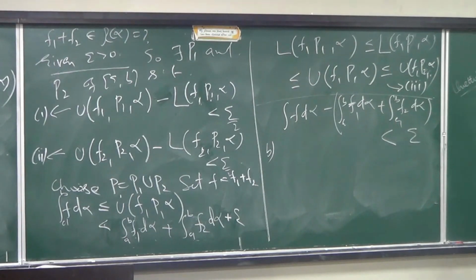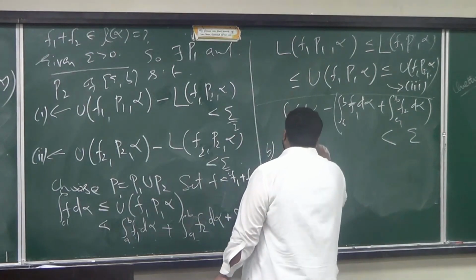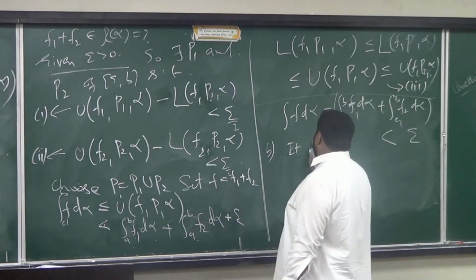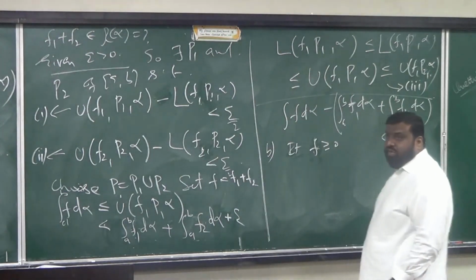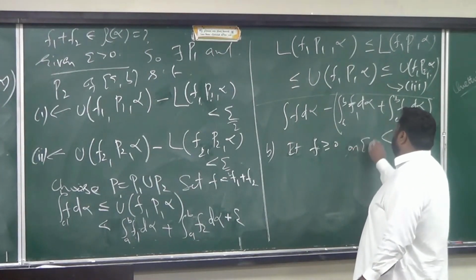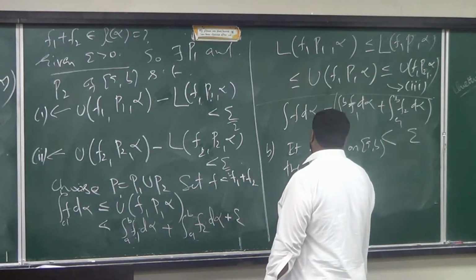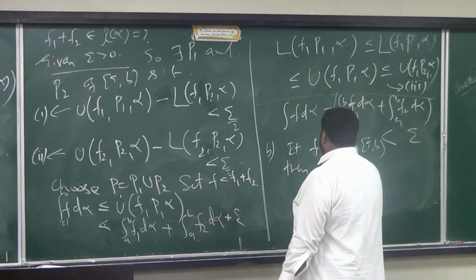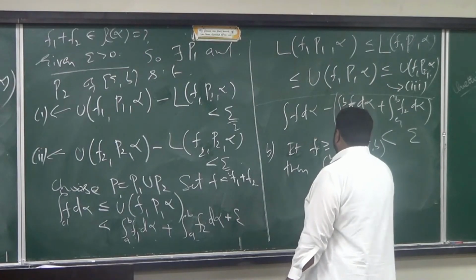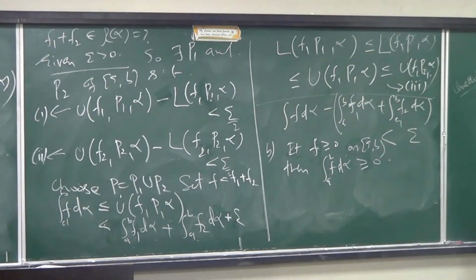I'll prove it indirectly. In other words, I'm going to prove this: if f is bigger than or equal to 0 on a to b, then the integral from a to b of f d alpha is also bigger than or equal to 0. So the result that we want is going to be the corollary of this.